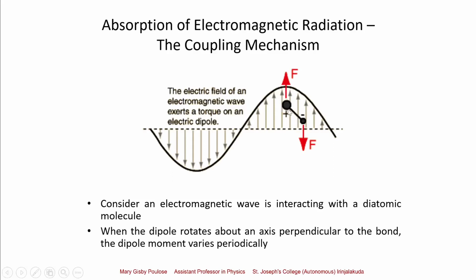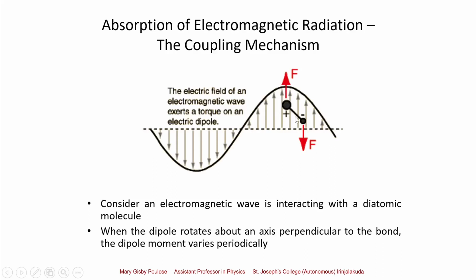Now, if the molecule is rotating along this axis of the bond length, it does not show any change in its dipole, right? That will not produce any dipole moment change, and it will not produce a rotational spectrum.